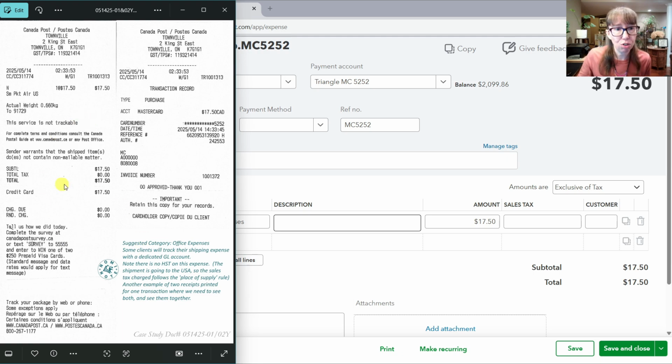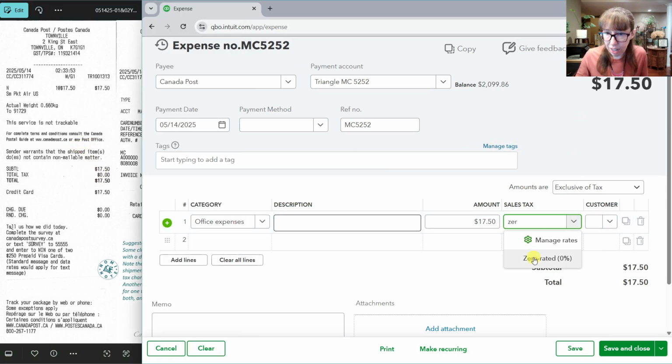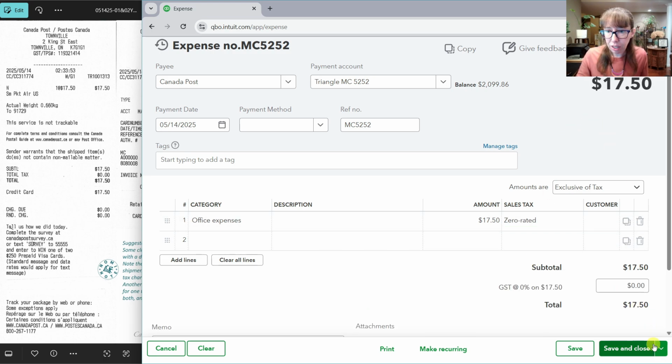Because the goods are taking ownership in the US and the US doesn't have GST or HST, it is 0 rated and there's no sales tax. So we're just going to put in here 0 rated, and we're going to save and new.